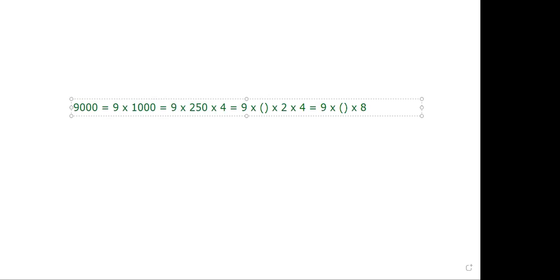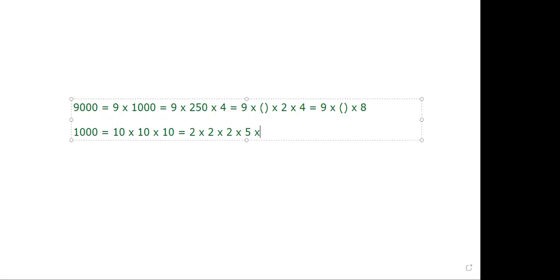See what happens is 1,000 is 10 times 10 times 10, which means it is 2 times 2 times 2 times 5 times 5 times 5, right? I'm using a lot of commutativity and associativity here.